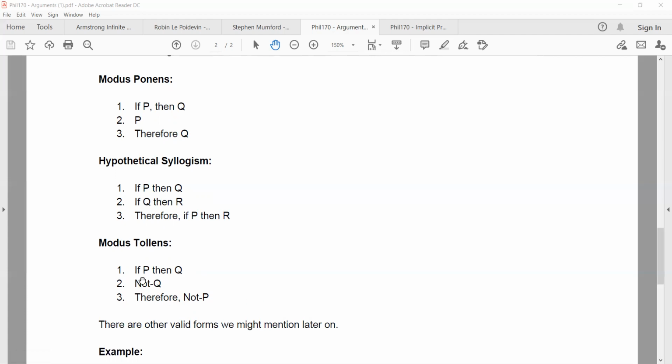So if P then Q, then, for example, suppose it is something like, if Moises doesn't have spare time, then he can't go to the restaurant, for example, right?